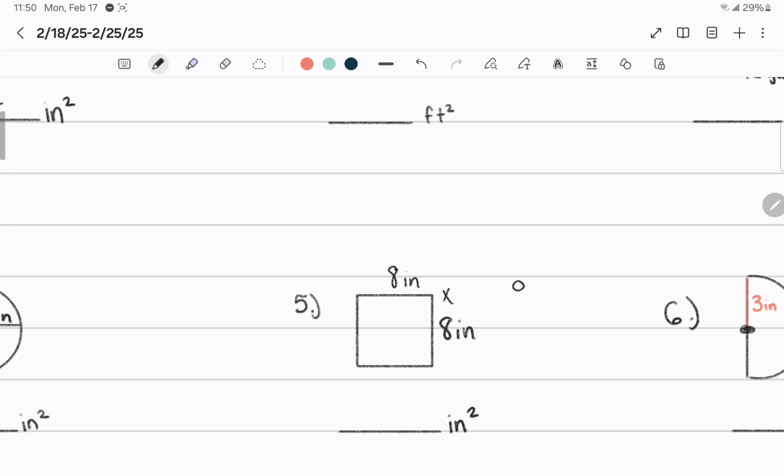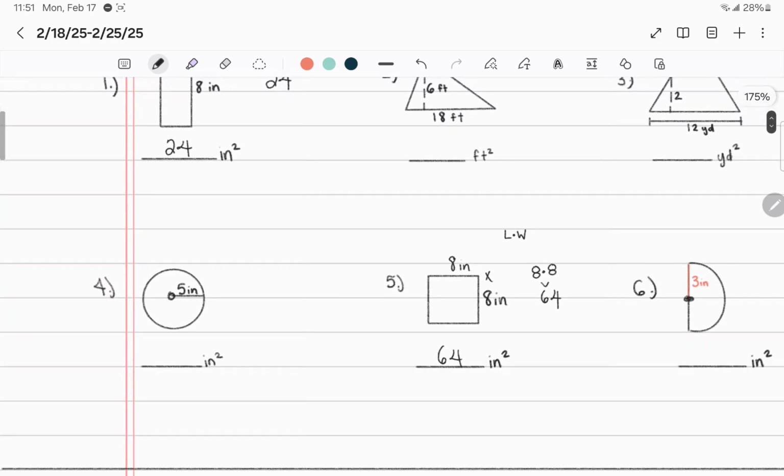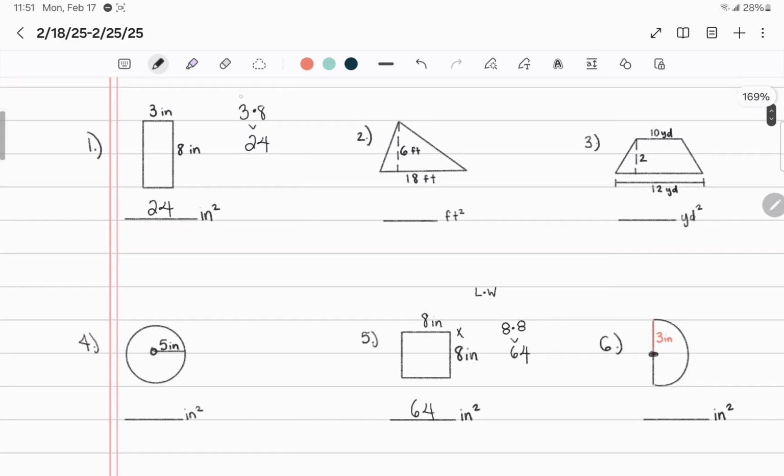So we would do 8 times 8. That is 64. So again, the reason why I jumped down, because a square is also length times width. So rectangle and square are both length times width.